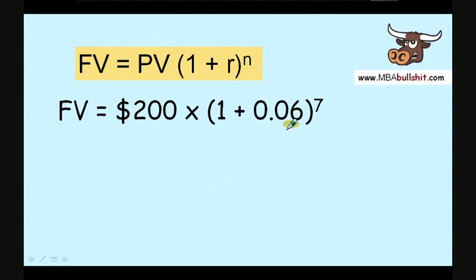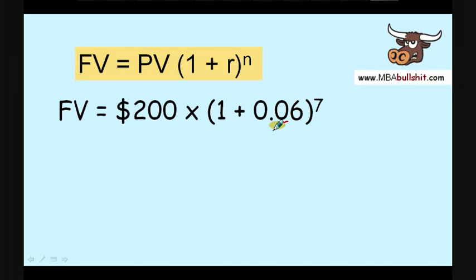0.06 means 6%, and the number of years was 7, and so that goes up here as the exponent value over here. Now remember, 6% is written as 0.06, okay?